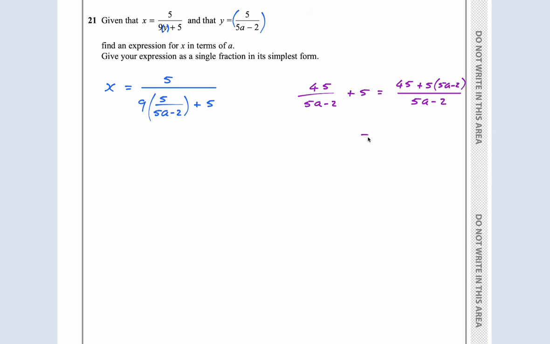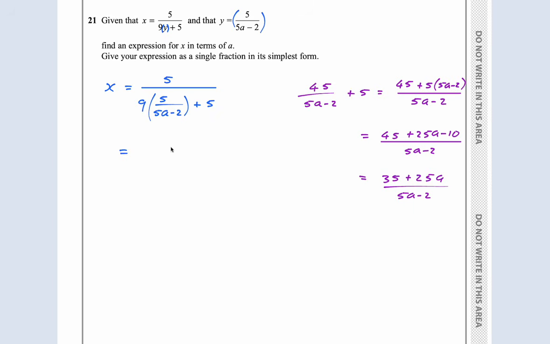Okay, simplify this. It becomes 45 plus 25a minus 10 over 5a minus 2, or 35 plus 25a over 5a minus 2. Okay, so this is the simplified version of this denominator.